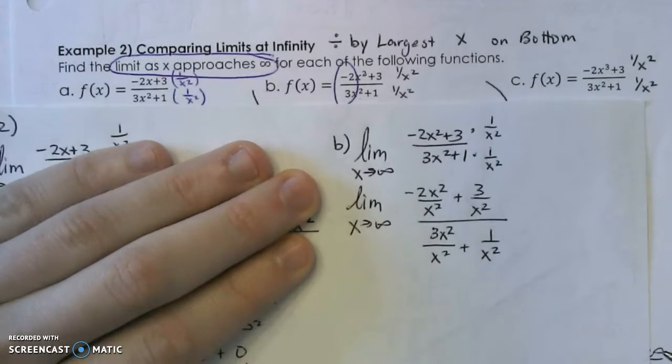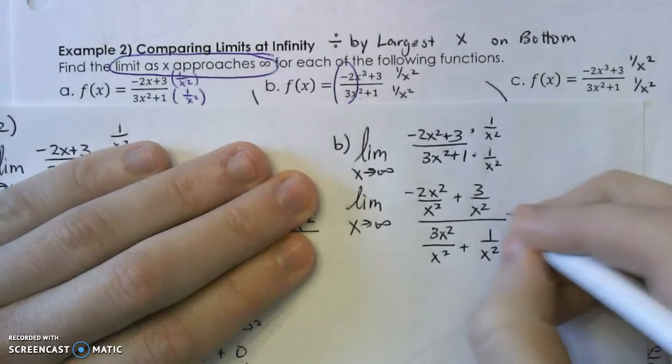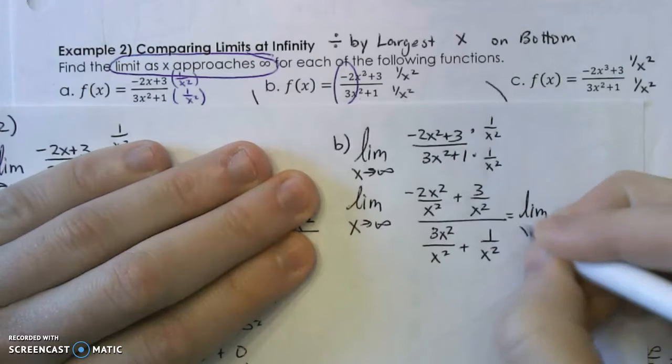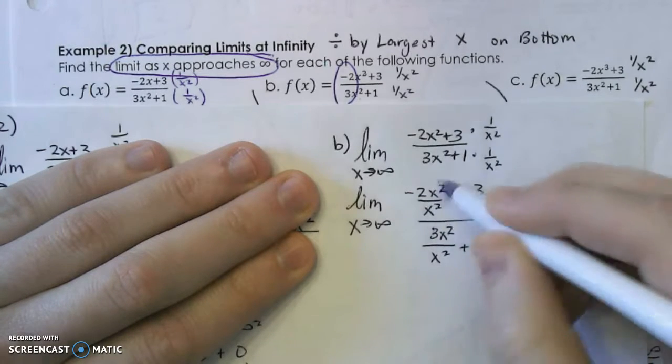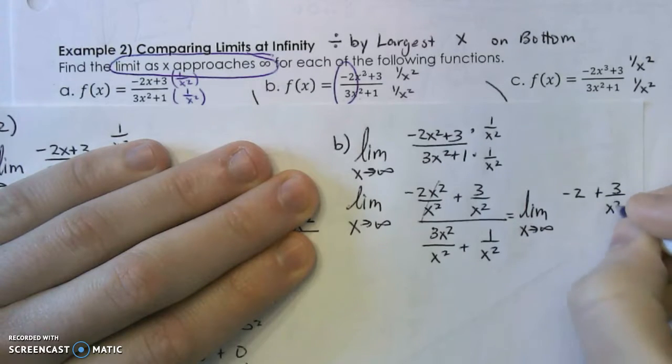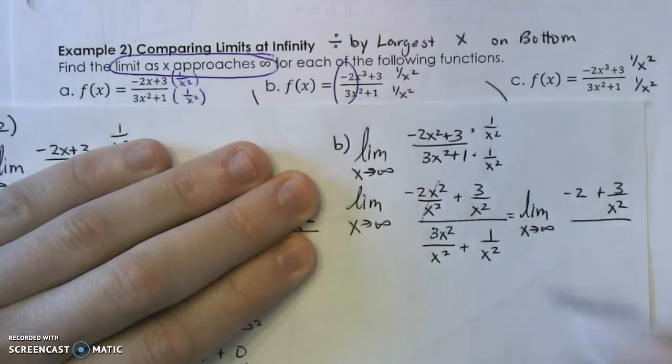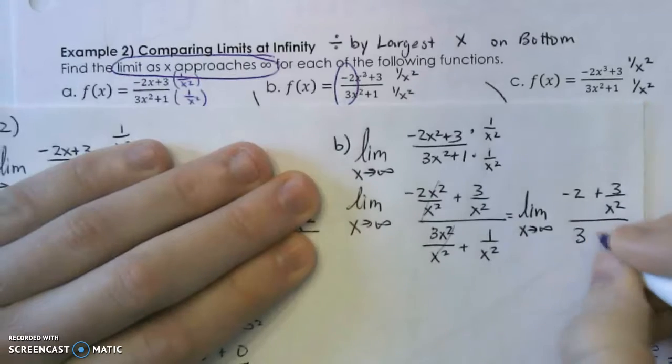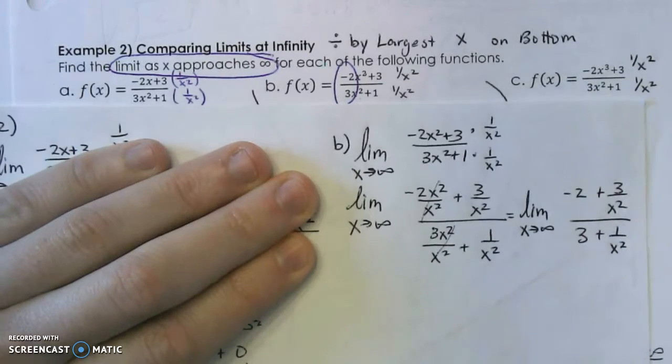And then we're going to simplify that. So these x squareds cancel. This 3 over x squared does not reduce. On the bottom, the x squareds cancel, and the 1 over x squared does not reduce.